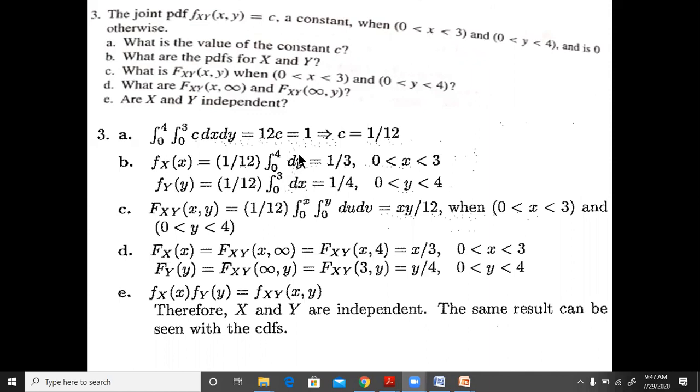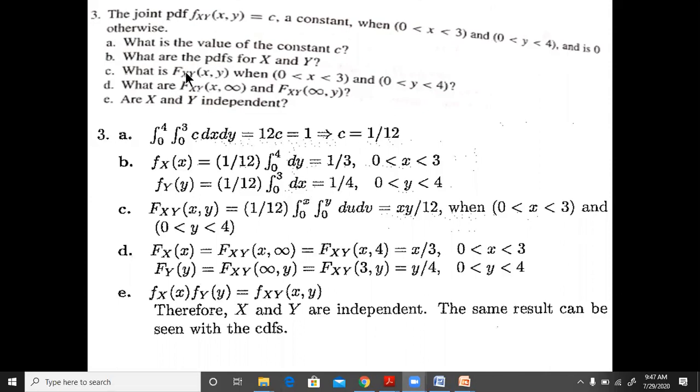Earlier we had dy, now it is dx. If you integrate this, it becomes 1 by 12 into x, limits 0 to 3, that is 1 by 12 into 3, which gives 1 by 4. And because f of y is within the range 0 to 4, we should write here 0 to 4.